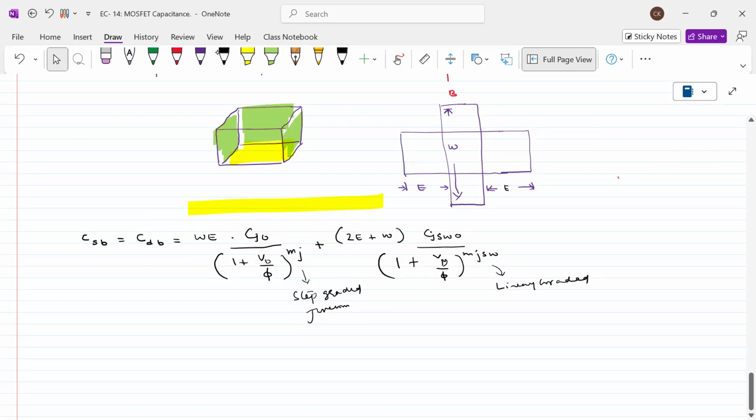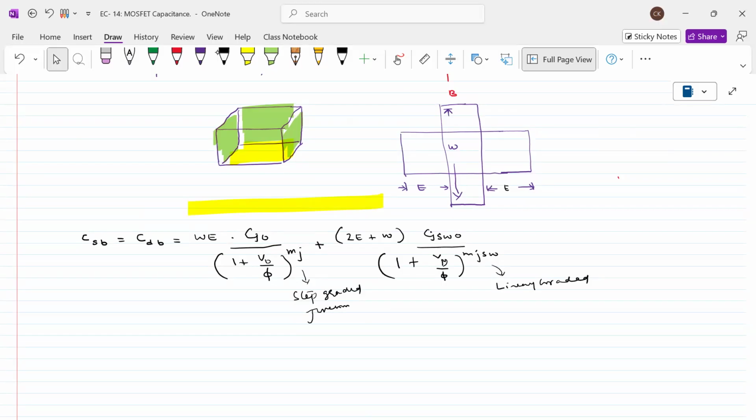Of course, these capacitances are more considerable when we are operating the MOSFET in saturation. Whatever capacitances we see in saturation will determine the bandwidth of the amplifier that we are going to design with MOSFETs.